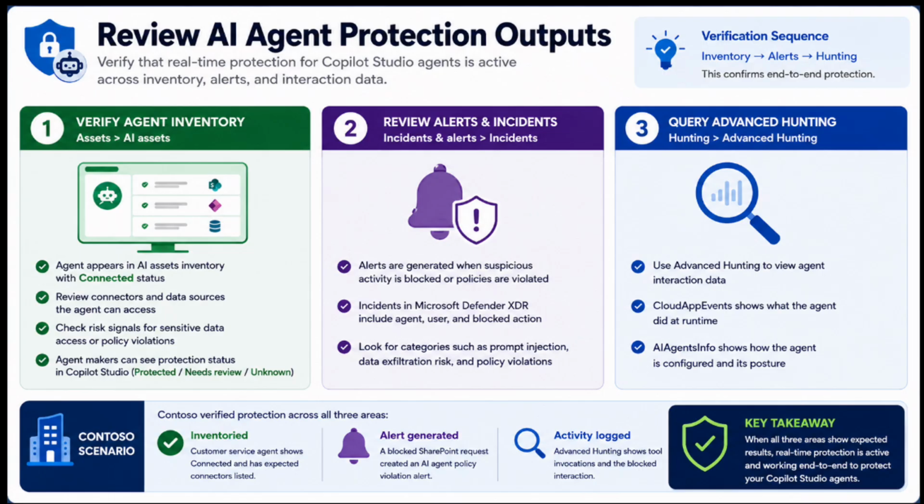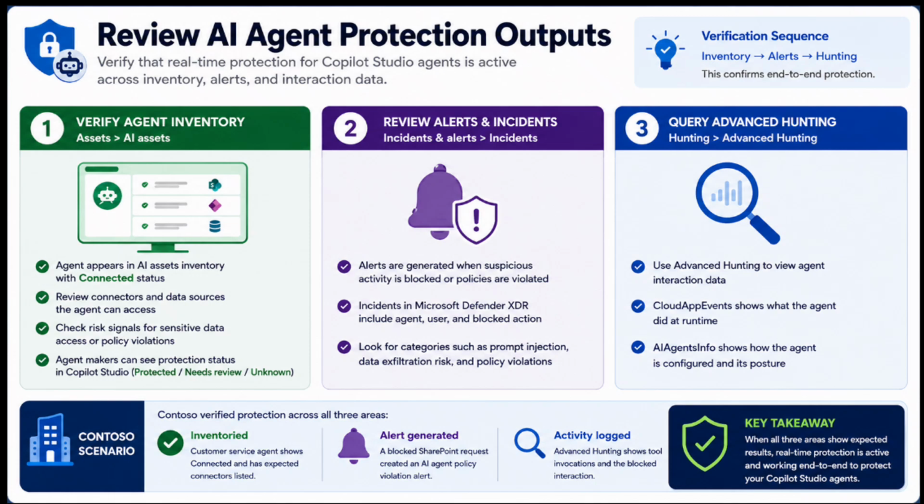We also saw how to review the incidents and alerts in the Microsoft Defender portal, and how to use advanced hunting for deeper investigation. Now, we're not going to go deep into any of these things because that's not the purpose.